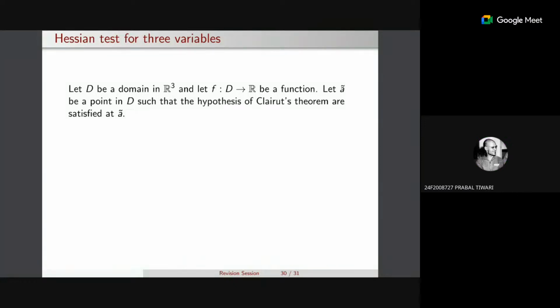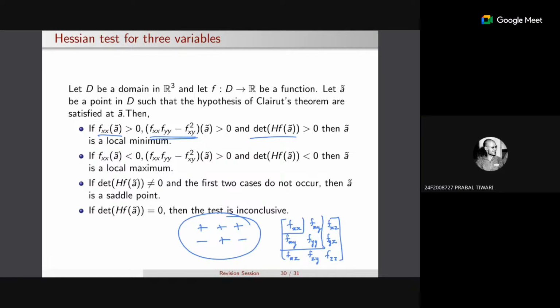Sir, if we have fxx equal to 2x, let's say hypothetically. What I'm trying to say is, let's say we have the double derivative of any function, fxx, equal to 2x. And we need to find it at any arbitrary point, let's say minus 1.